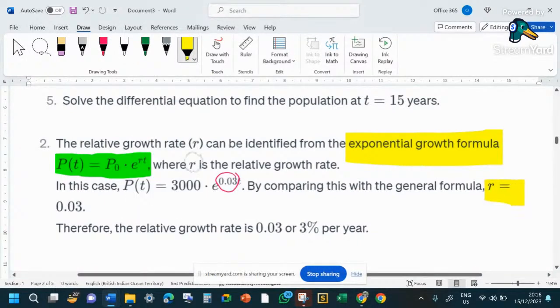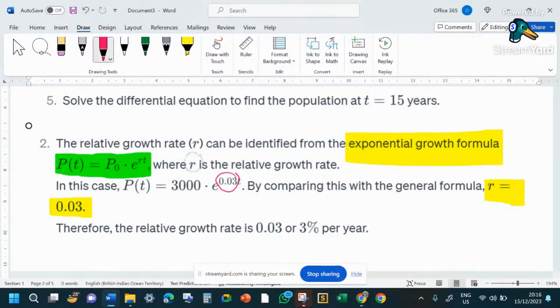So the answer will be r equal to 0.03 multiplied by 100. So r is equal to 0.03, multiply that by 100, so you will have 3%. That is the relative growth rate. Rate is always in percentage.